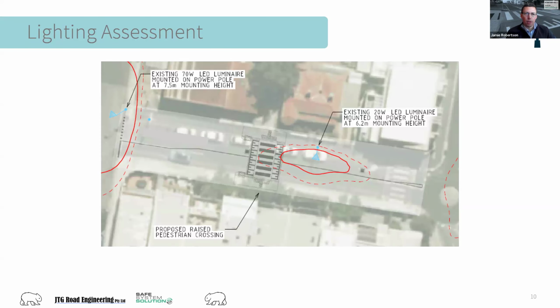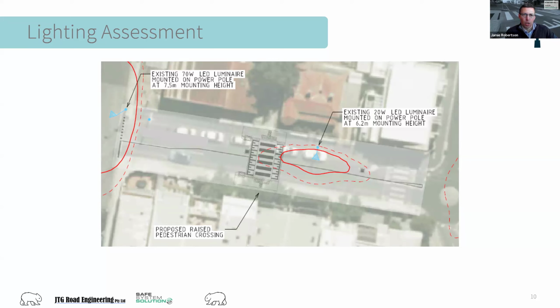We can demonstrate whether we will achieve these requirements by undertaking lighting assessments. It's common practice to do that using lighting design software and modelling the existing lighting, as is shown here.